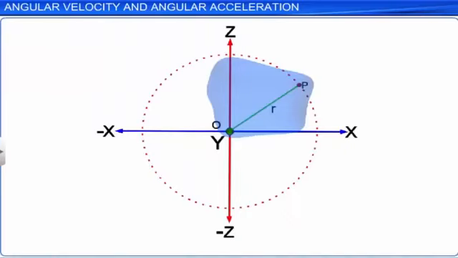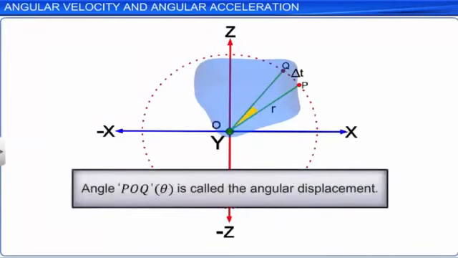While the rigid body is in rotational motion, if the position of the particle is changed from P to Q during a small interval of time, delta t, then the angle POQ is called the angular displacement. In the SI system of units, angular displacement is measured in radians.